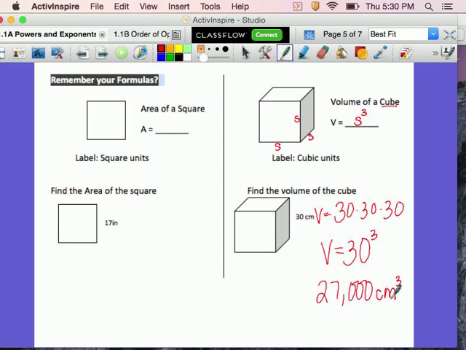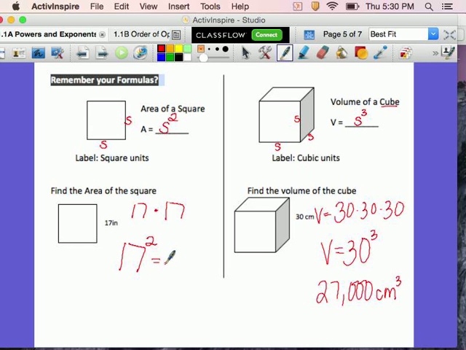Now squared is kind of the same thing, except since there's only 2 dimensions, you have a length and a width that are both whatever number you want. So the area of the square is side squared with a 2, because we have 2. Length times width. And so the shortcut is, instead of doing 17 times 17, we can just do 17 squared and find our answer.